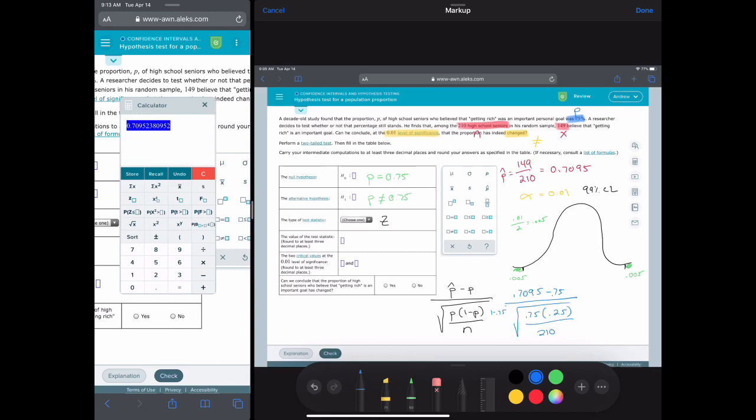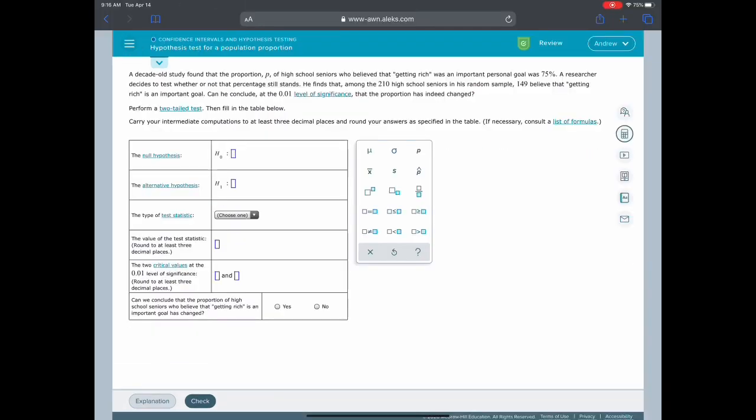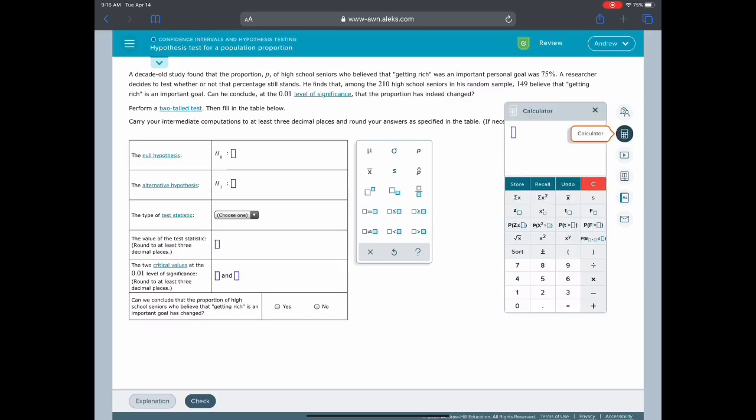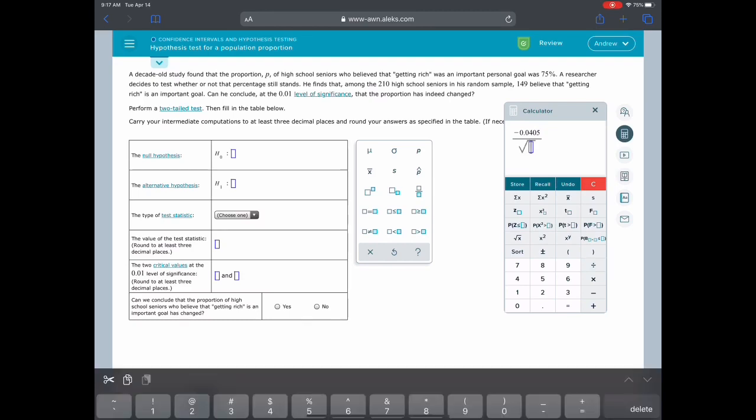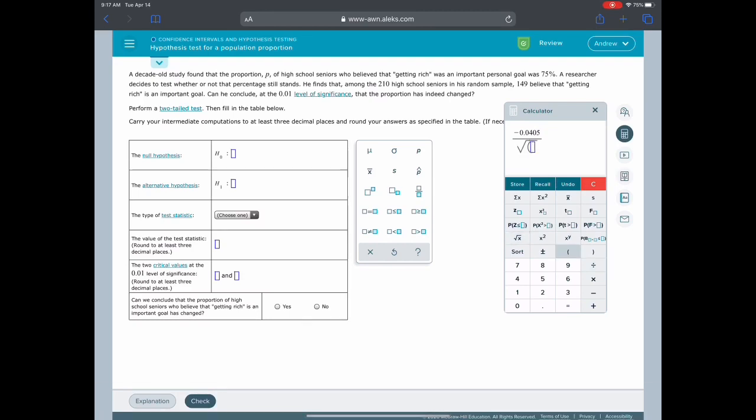So this should be the test statistic we're dealing with. Let's go to the calculator here. We are going to do 0.7095 minus 0.75. That's the numerator, so we click equal, divided by the square root. I'm going to put this in parentheses, 0.75 times 0.25, divided by our N, which was 210. And now we can press equals.